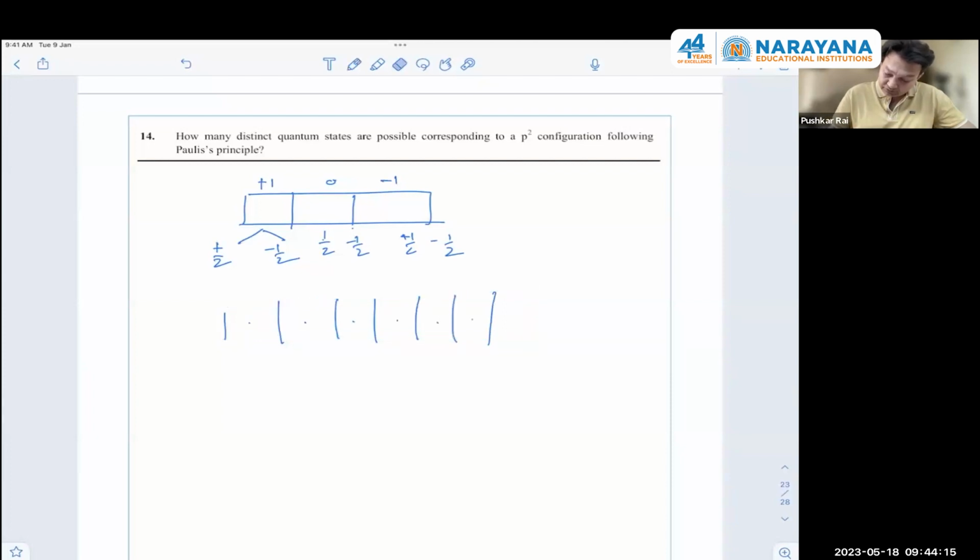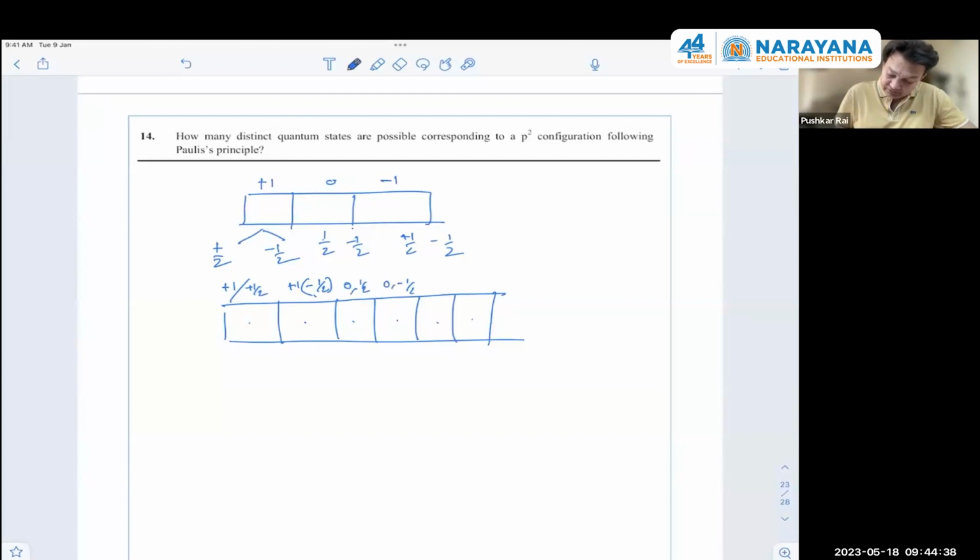Just create 6 boxes. Now one box is +1 +half, +1 -half. These are distinct quantum states. And 0 +half, 0 -half.